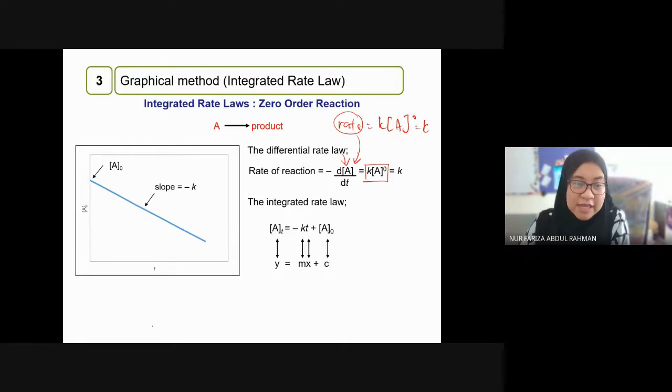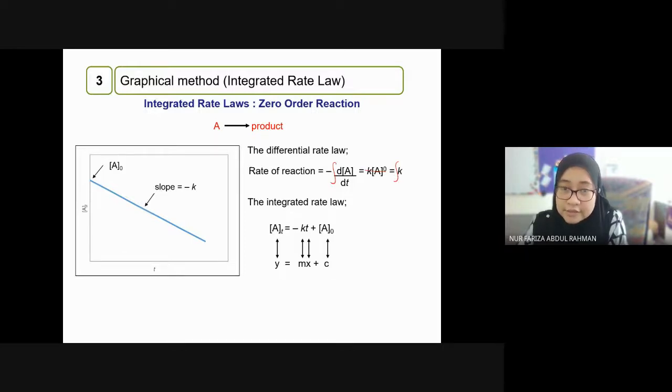Okay, when we integrate the rate law, what does that mean, how do we integrate? This is all mathematics. So when you integrate, you integrate this one. We cancel here, like this. You integrate this, right? So mathematically, you can integrate until the end, and finally you will end up with this final formula.